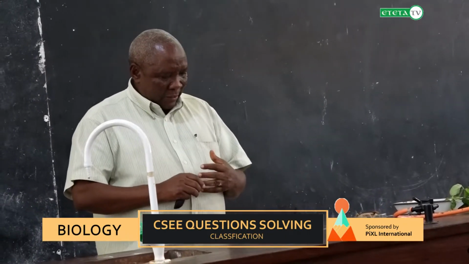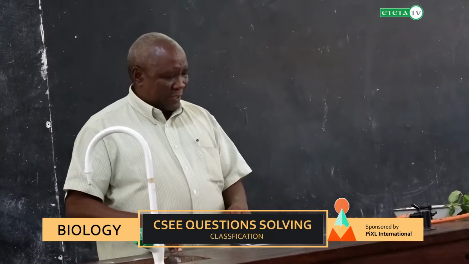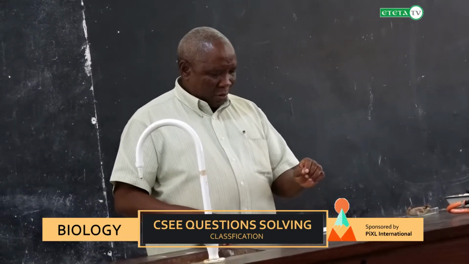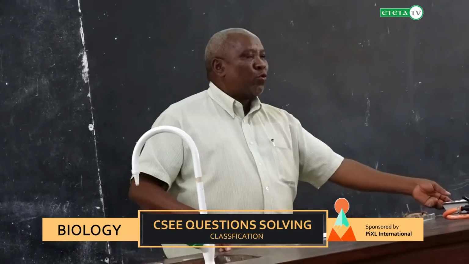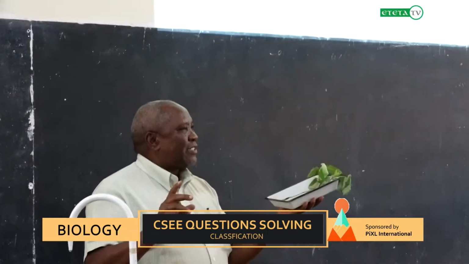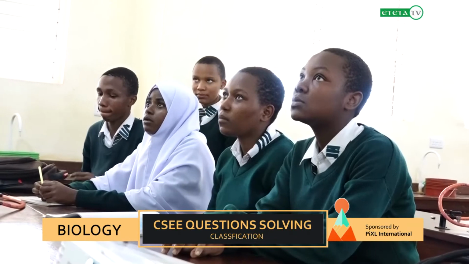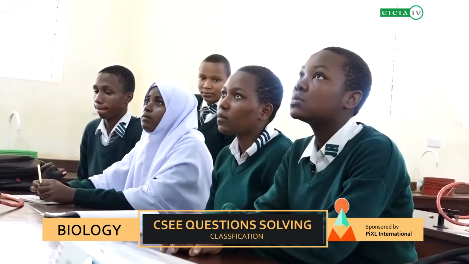And part D. In what ways are the representative members of the kingdom to which specimen Q belongs advantageous to industrial development in Tanzania?